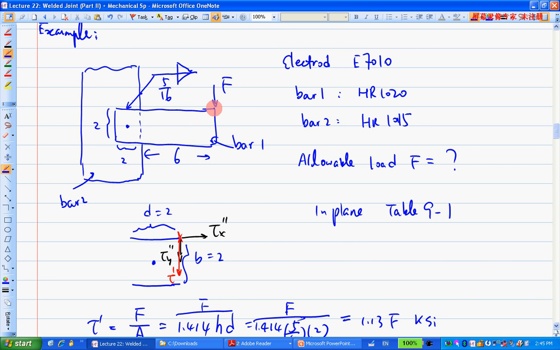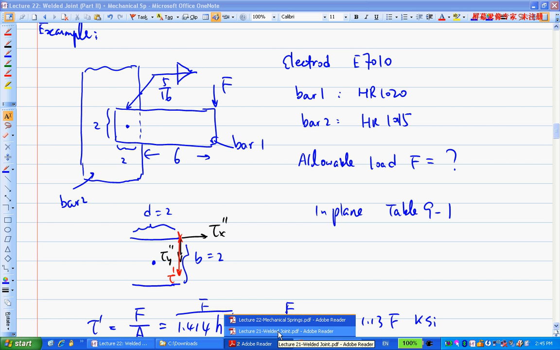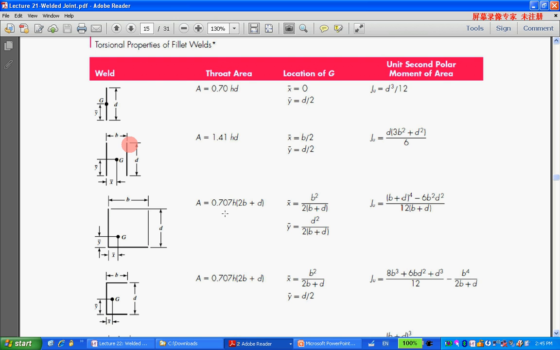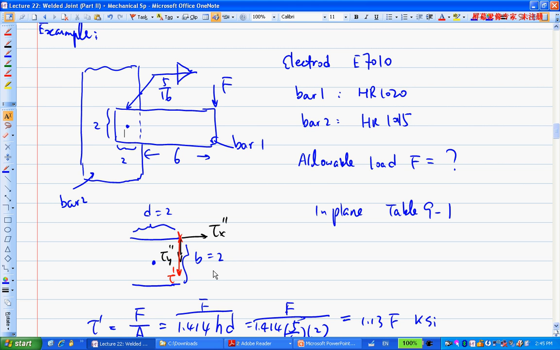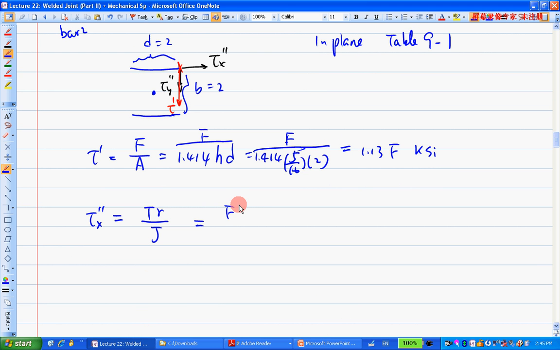Then the total length in this case is F times 6 plus 1, kind of easy because it's 2 divided by 1. If you really want accurate numbers, you have to look at the table, just in case the geometry is not symmetric, where this X bar is. That gives you the exact information. So F times 7.